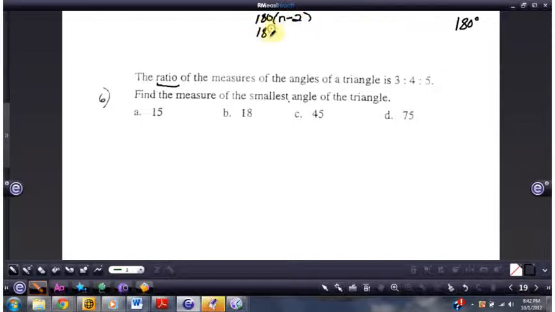So again, can't remember it? Use your formula. You have to know that formula for the test. Okay, and again, with the ratio problem, you add up the pieces of your ratio, which in this case is 12. That means you have 12 pieces. I take 180 and I divide by 12.